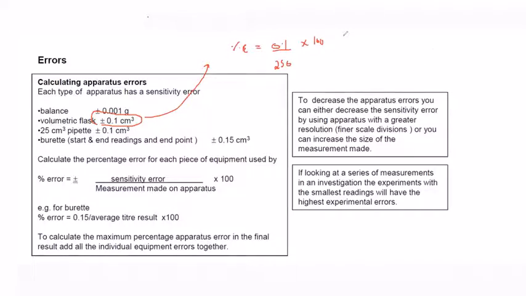In the case of a balance, what you will do is measure the mass of the empty container and then measure the mass of the container with the content. So first you measure empty and then you measure the filled one.